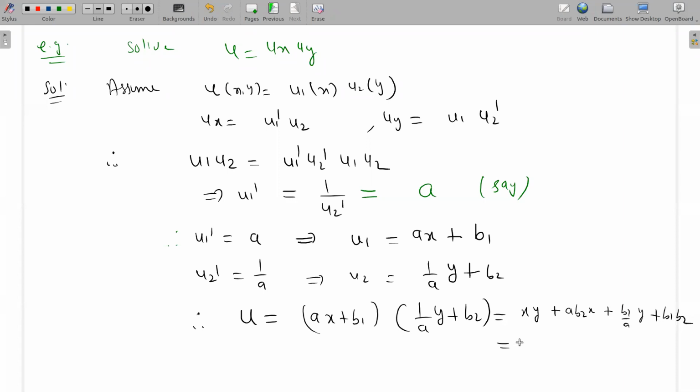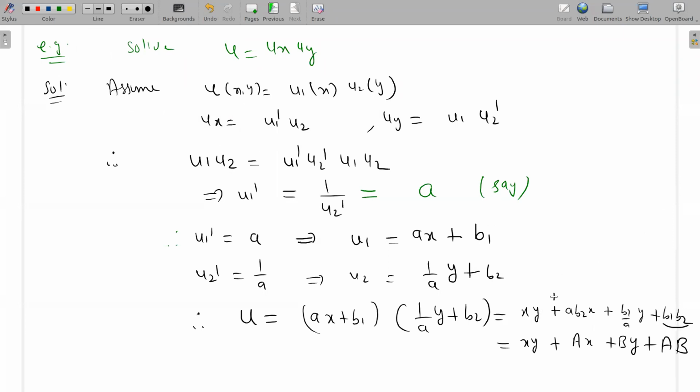So xy, a b2 you can write as A, and this one as B, and multiplying them, a b2 times b1 by a gives b1 b2, which becomes AB. So the final solution has two arbitrary constants, capital A and capital B.